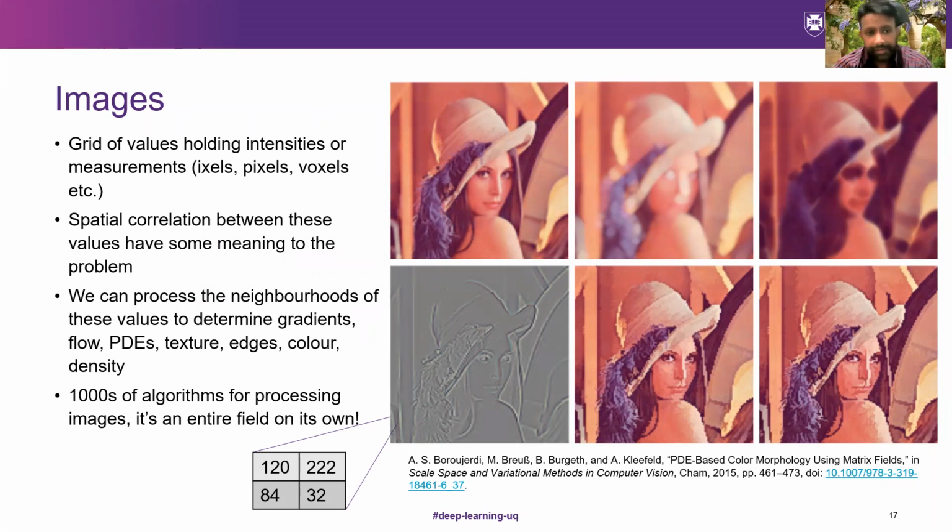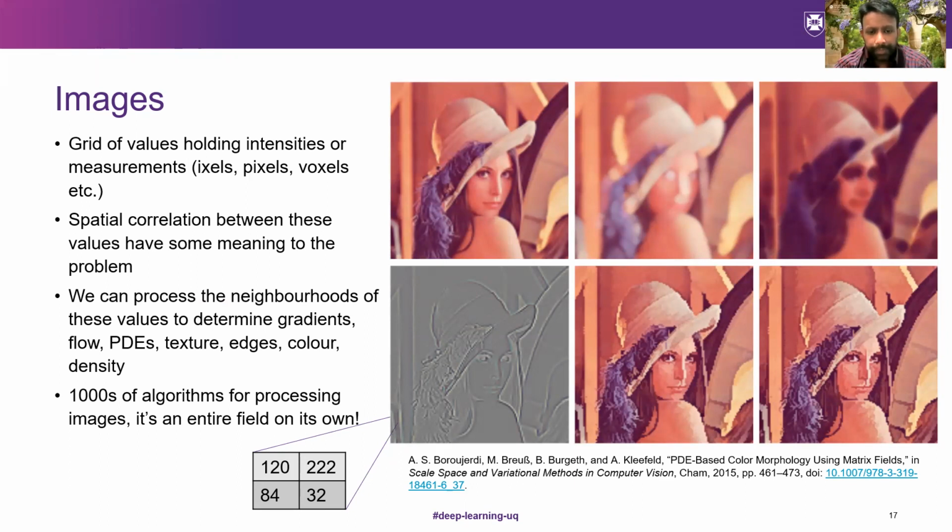That means you have tons of algorithms, completely unrelated to machine learning, AI and deep learning, that use partial differential equations, edges, color, density, gradients, flow, texture, you name it. There are thousands, tens of thousands of algorithms, and it's a field on its own: image processing.